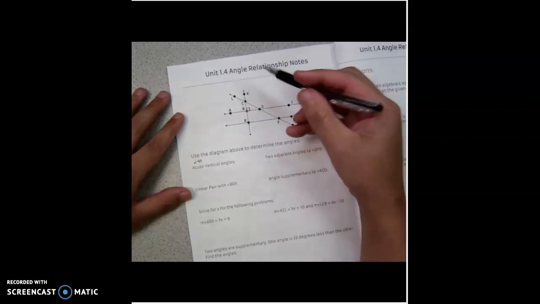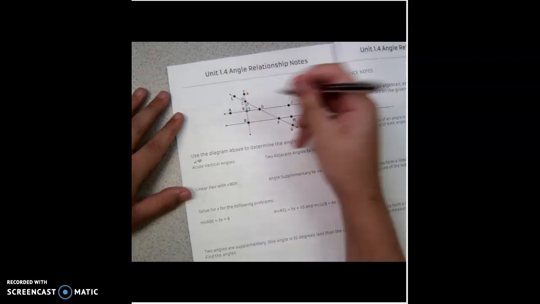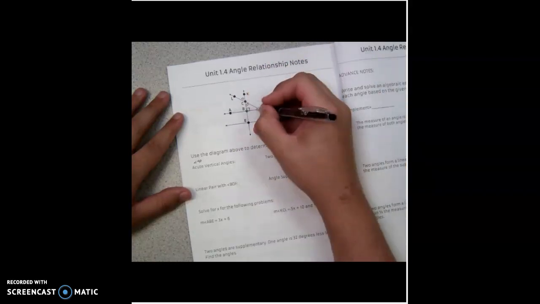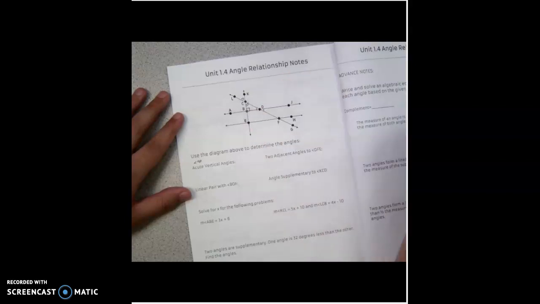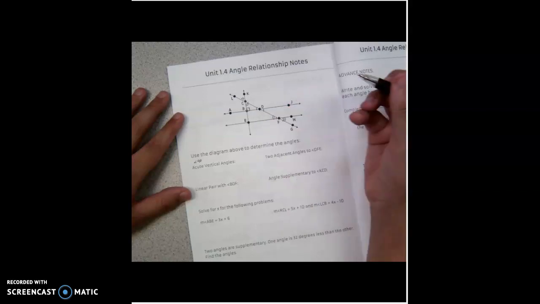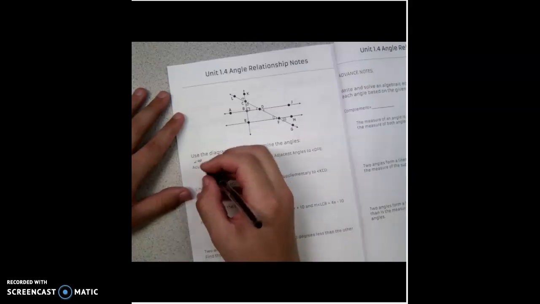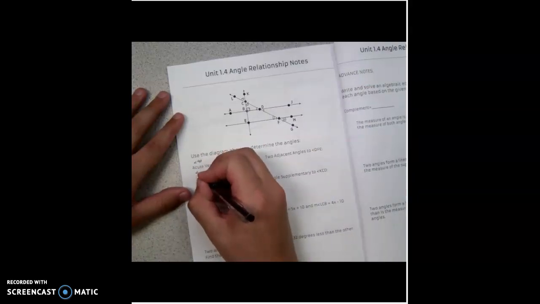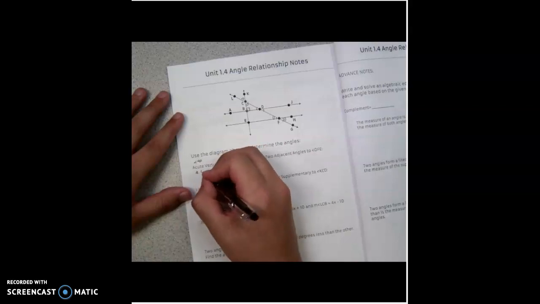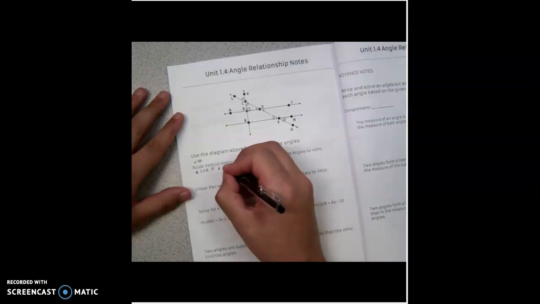So at point C, our acute angles are here and here, because the other two are obtuse. At point D, we have the acute angles here and here. And at point F, we have the acute angles here and here that are all vertical. Remember, they're opposite sides of each other, and they're going to be congruent. So I can label these angles as angle LCK is congruent to angle BCD.